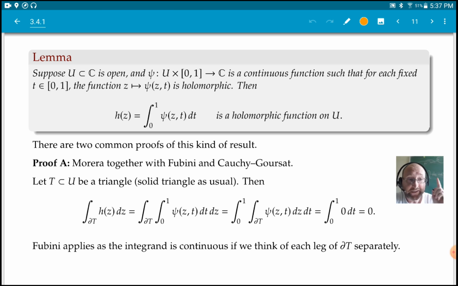we can apply Morera. Now, why were we able to apply Fubini? Because you can't always swap two integrals. But in this case, if you think back to Fubini, just the standard Fubini that you see, it's always an integral over two subsets of the real line, or maybe, well, it depends on which version of Fubini you're looking at.